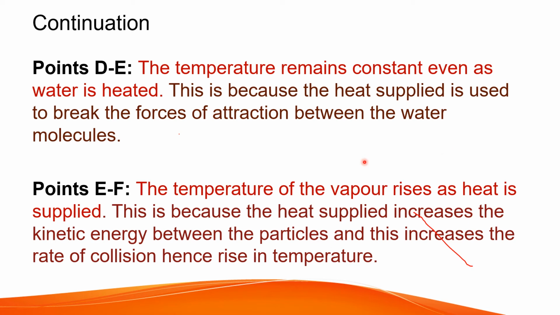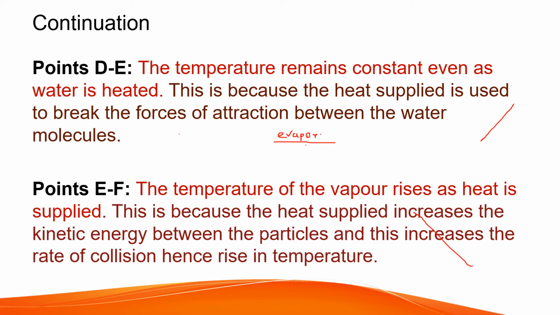So to summarize this slide, what have we said? We have said that at this point the temperature remains constant. So we have a constant temperature here, and this process is what we call evaporation.